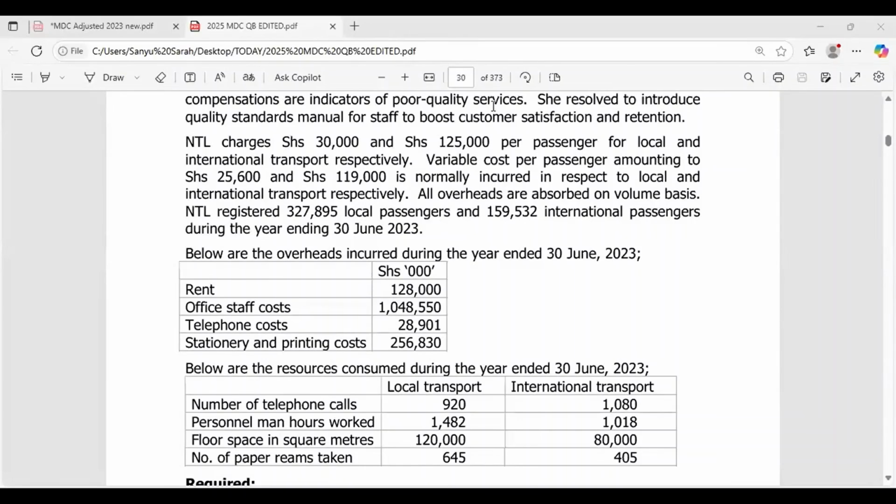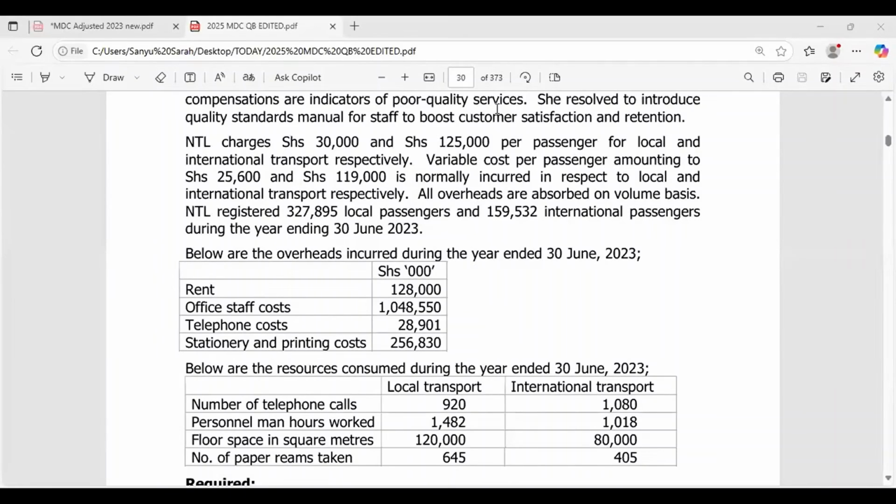NTL registered 327,895 local passengers and 159,532 international passengers during the year ending 30th June 2023. Below are the overheads incurred during the year ended 30th June 2023.